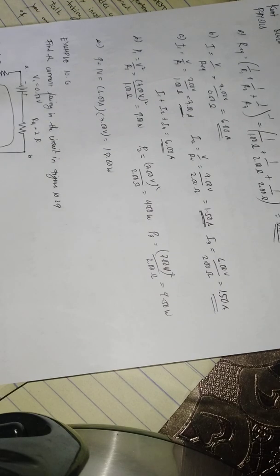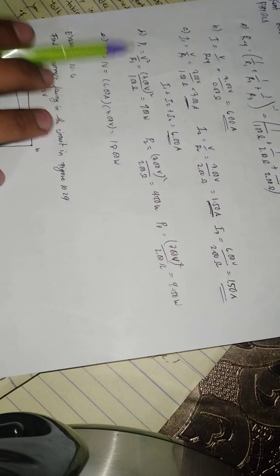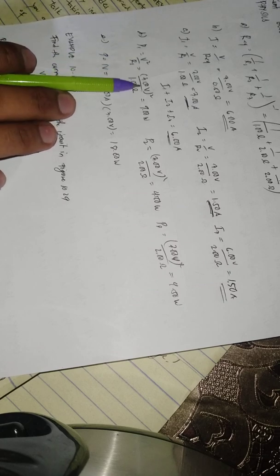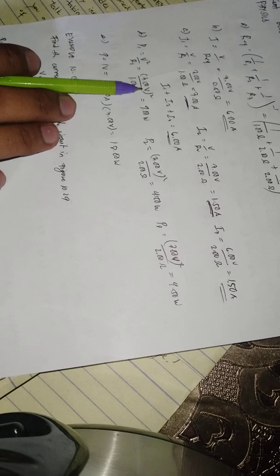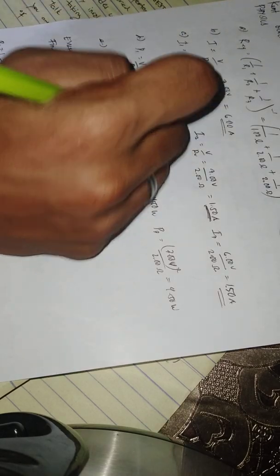D. Since each resistor is exposed to the full voltage, P sub 1 is equal to V squared over R sub 1, which is 3.00 volts squared over 1 ohm, equal to 9.00 watts.